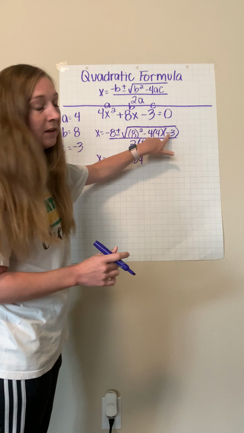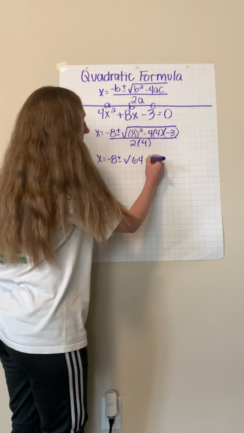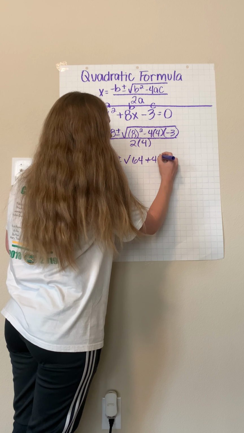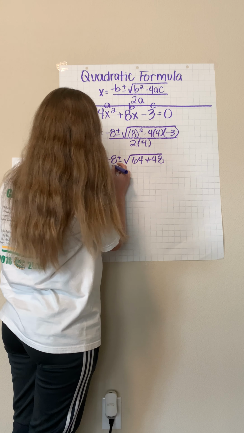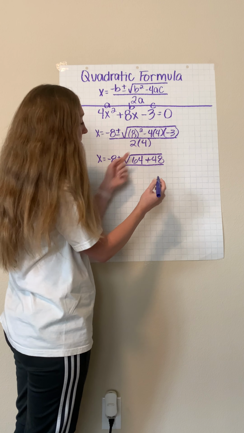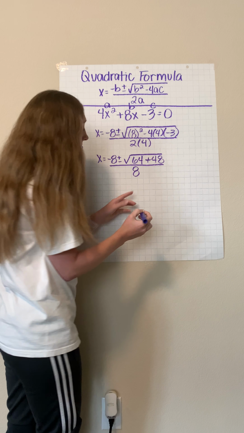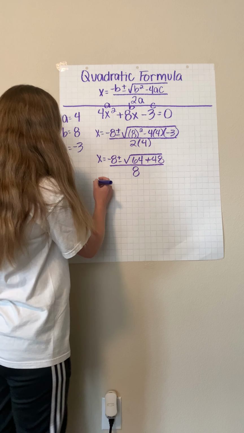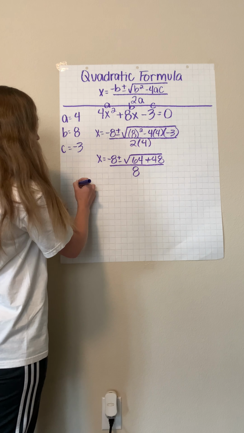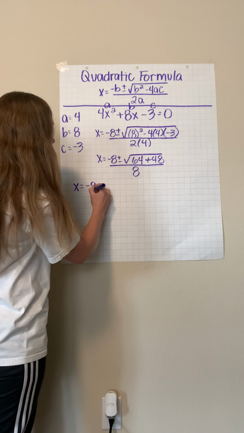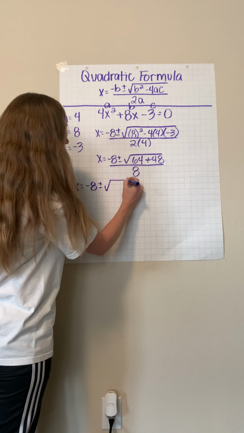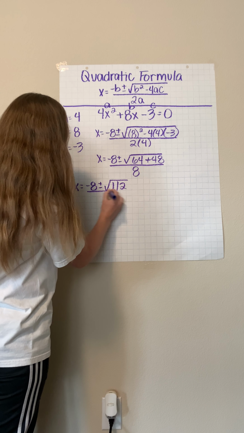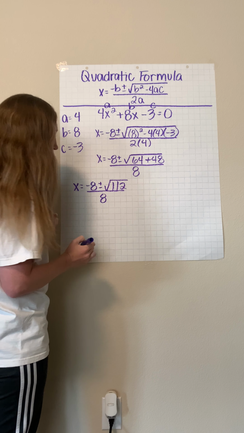Well, minus -48 is the same thing as plus 48. And all of this is being divided by 2 times 4 is 8. Next, I can say that 64 plus 48 is 112. So I've got x is equal to -8 plus or minus the square root of 112 divided by 8.